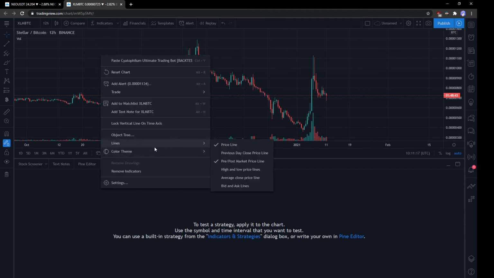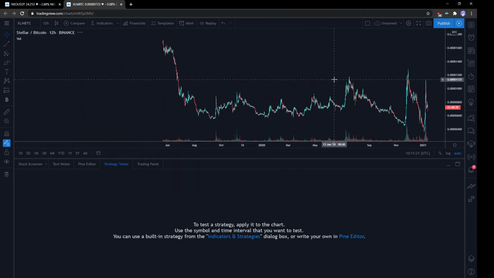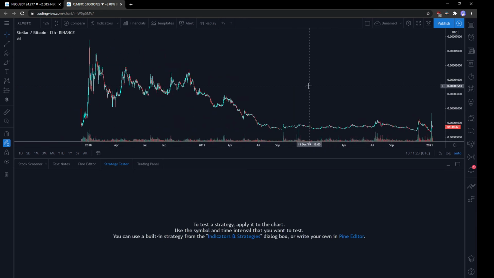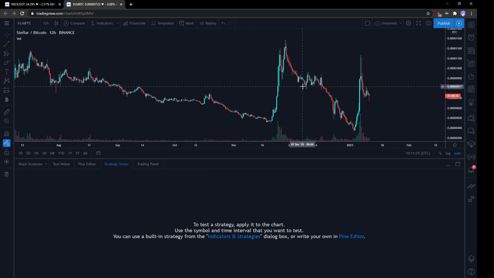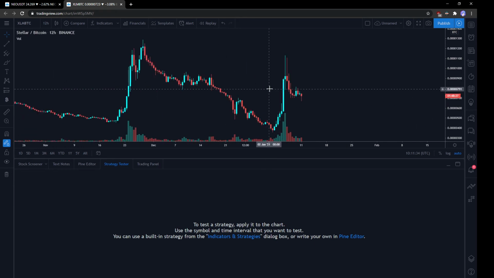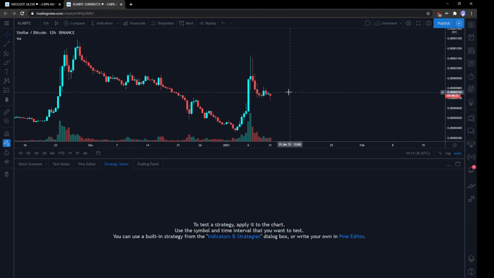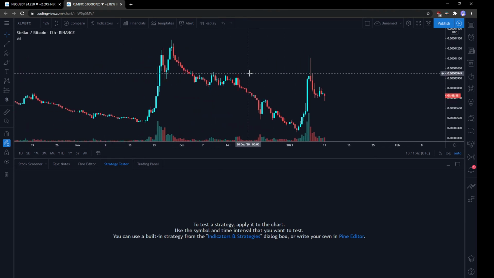This one is interesting. We can see that with the Bitcoin pump, it followed quite well, but lately it has been going down.